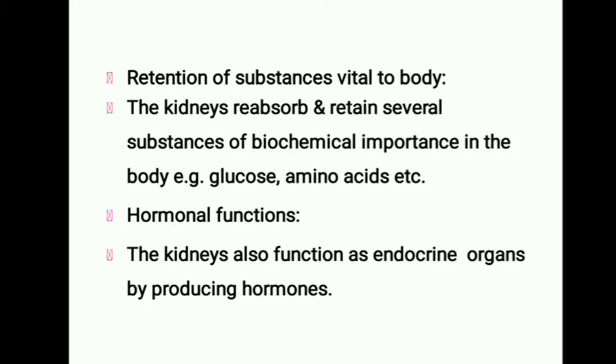Retention of substances vital to the body. The kidney reabsorbs and retains several substances of biochemical importance in the body, for example, glucose, amino acids, etc. Hormonal functions: the kidney also functions as an endocrine organ by producing hormones.